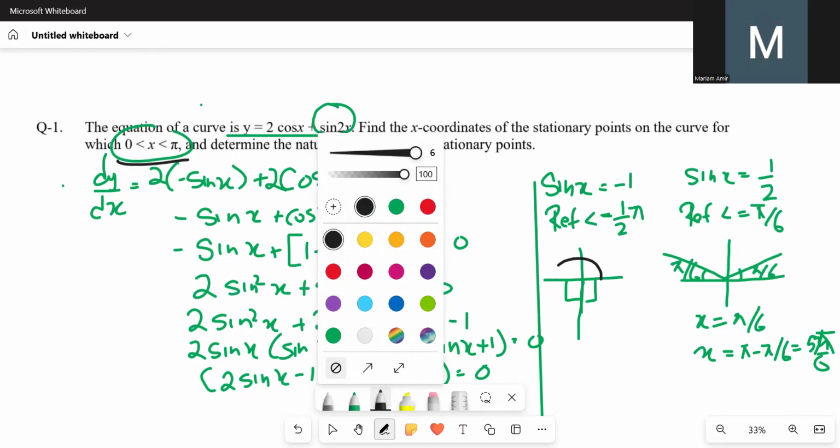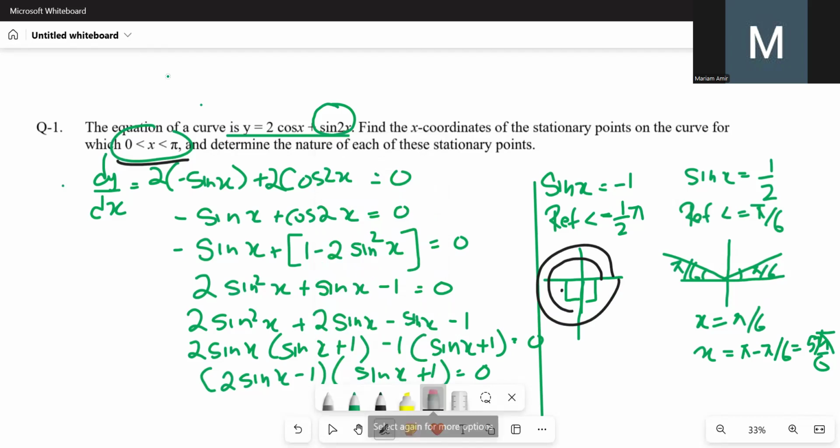So we can't take this angle. Sine x equals negative 1 will not be part of our solution. So our values of x are pi by 6 and 5 pi by 6.